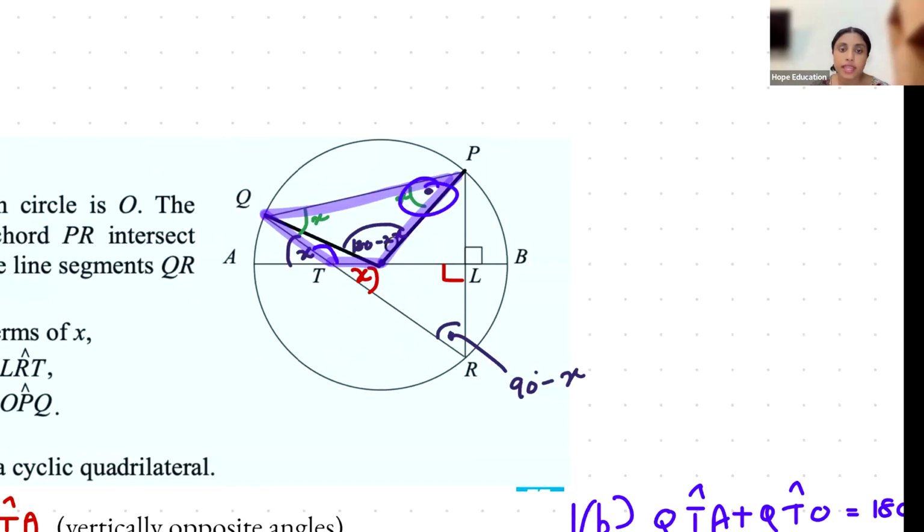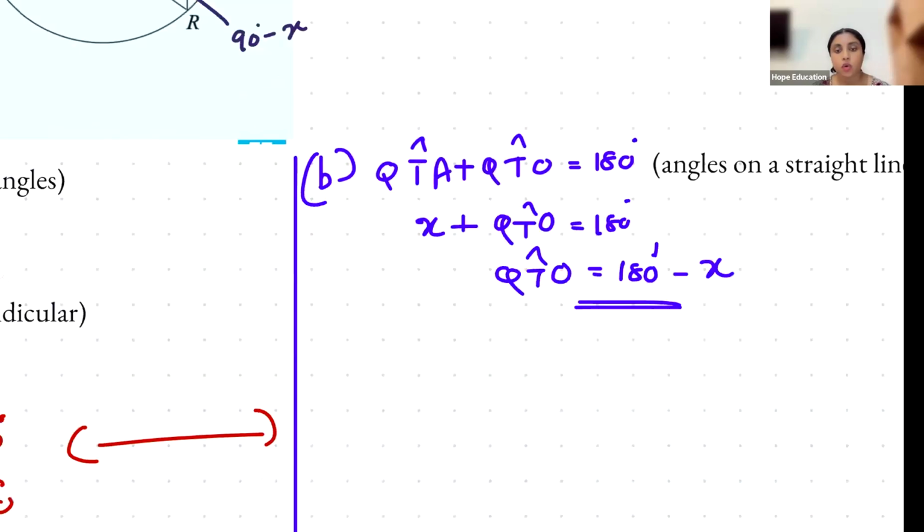So QTO and QPO, let's add those. QTO plus QPO.